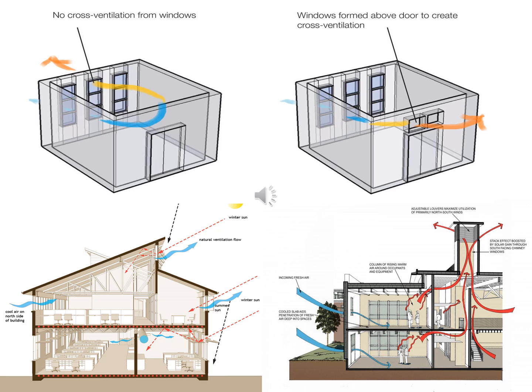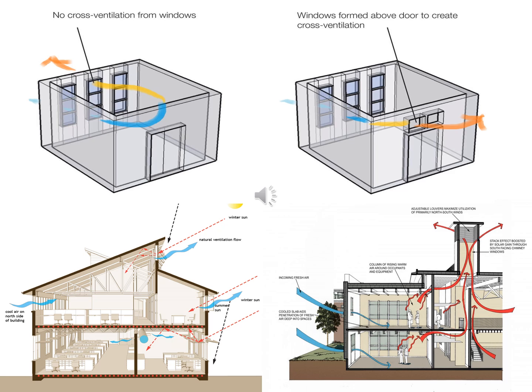Cross ventilation is when air enters on one side of the building and leaves on the opposite side. The bottom left picture shows wind-induced ventilation uses pressures generated on the building by the wind to drive air through openings in the building, which creates natural ventilation flow.